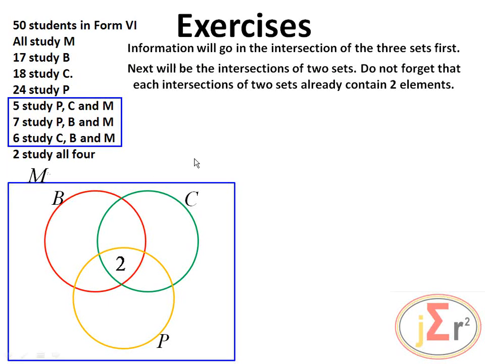Of course, if we are looking at physics and chemistry, because mathematics is the universal set, we have 5 students in physics and chemistry already. We have 2 elements in physics and chemistry already. So, we need 5 students to be inside the intersection of physics and chemistry. But 2 are already accounted for, so the difference will go right here, which is 3.